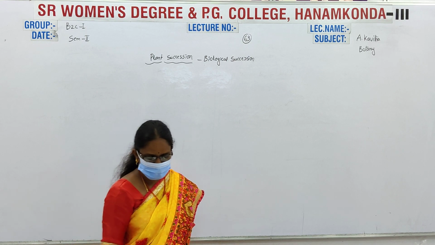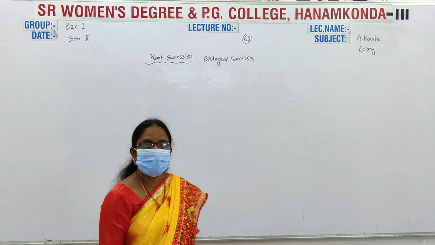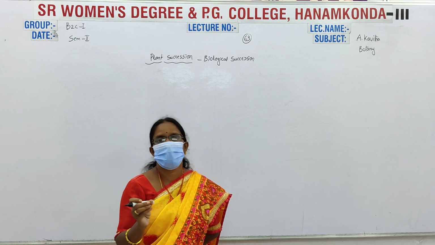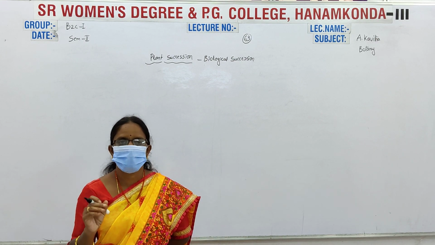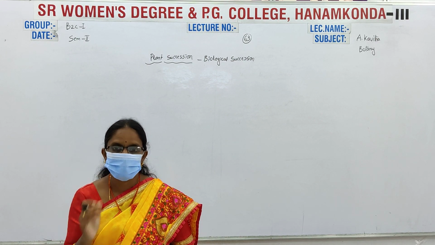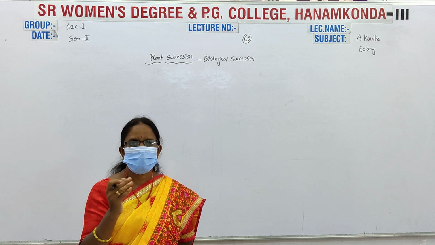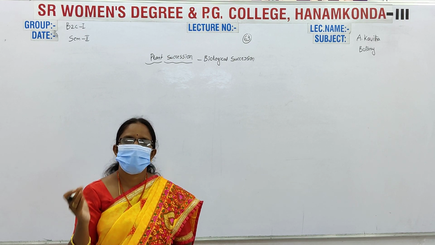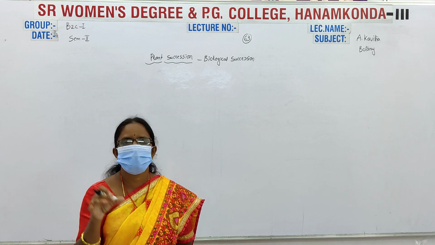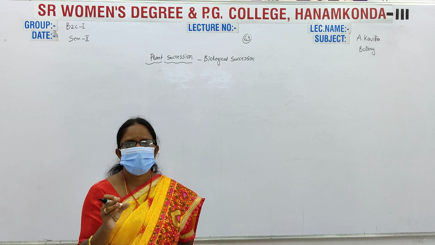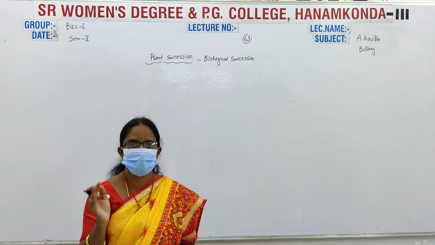In plant succession, the plant communities are formed orderly, sequentially, one by one, stepwise. For example, different types of plant communities develop in a particular area: herbs, shrubs, trees.